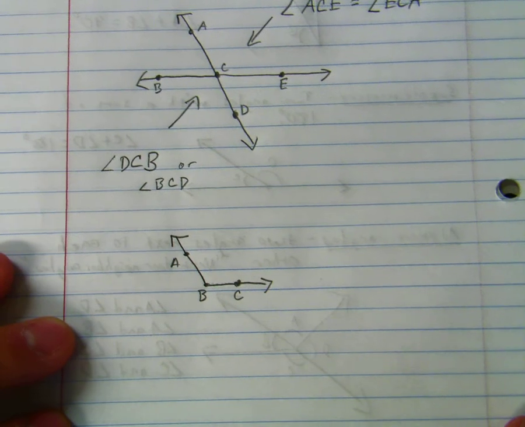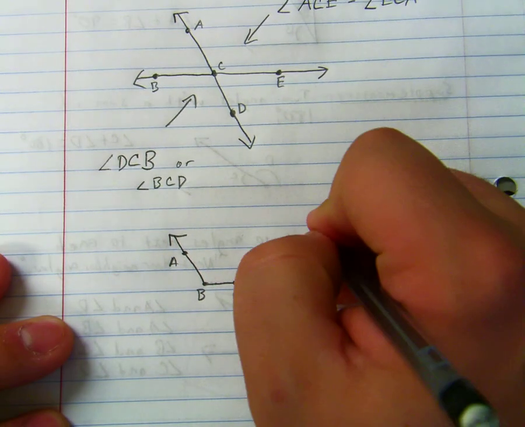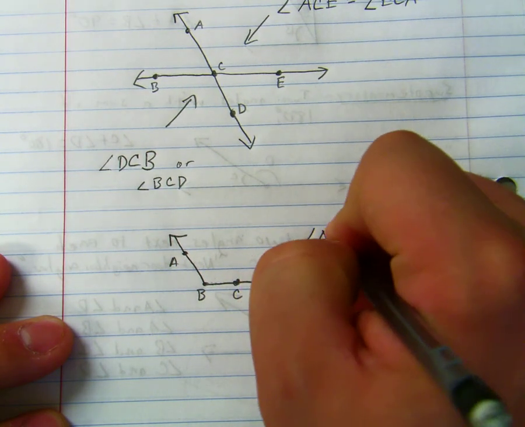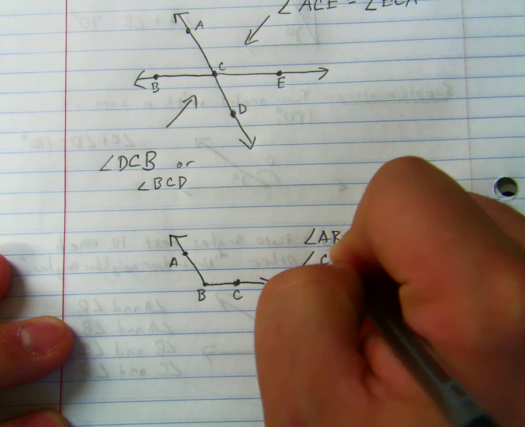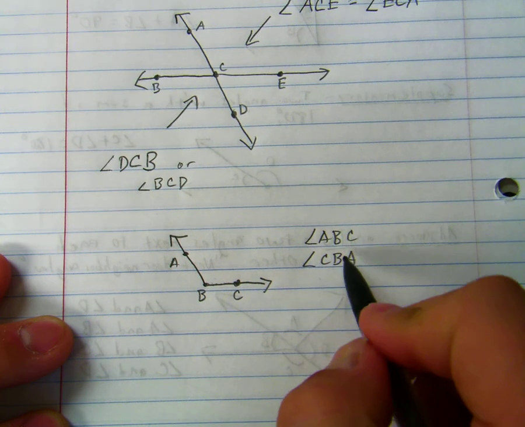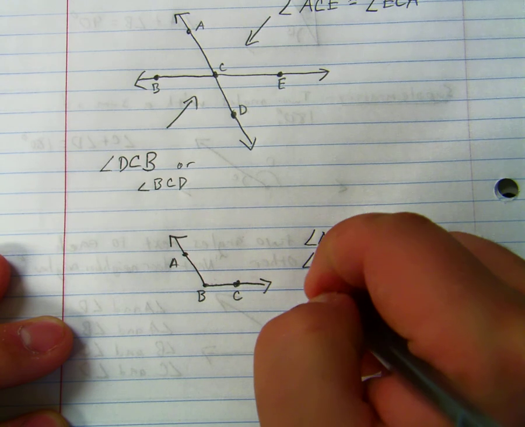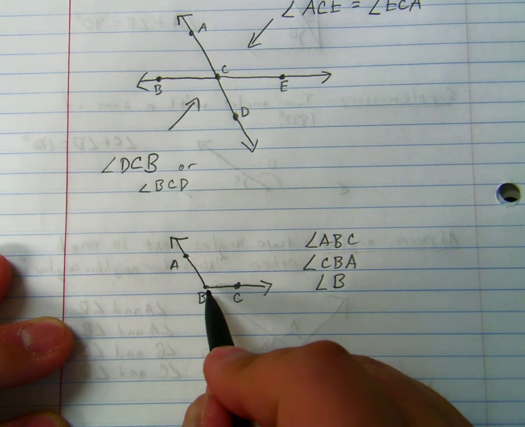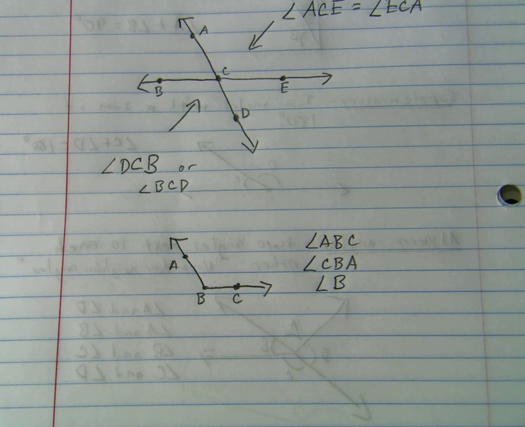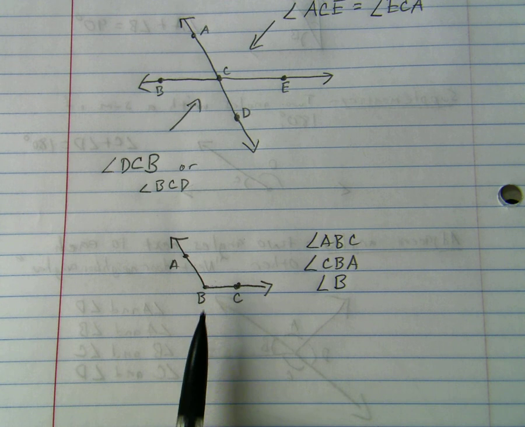If you just have one angle, there's three ways you can name it. You could call this angle ABC. You could call it angle CBA, which I prefer one of these two. But when only given one angle, you can just look at the corner point here and say that's angle B. So it only works if they just give you one angle.